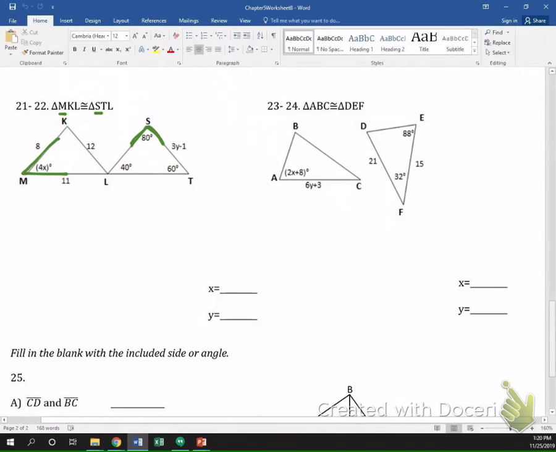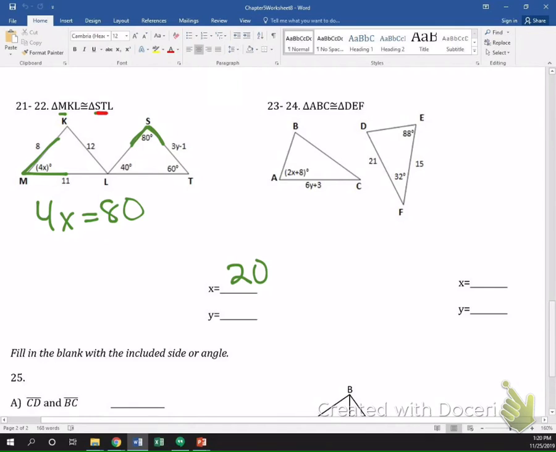Those don't really look like they're corresponding, but I'm going to go with how it's written. So 4x equals 80. So x is going to equal 20. Kind of a tricky one. That's why it's really important to look back up here. Don't just eyeball it. M is the first letter, S is the first letter, so M and S are the angles that are congruent.